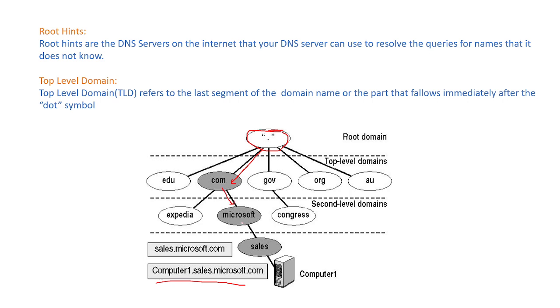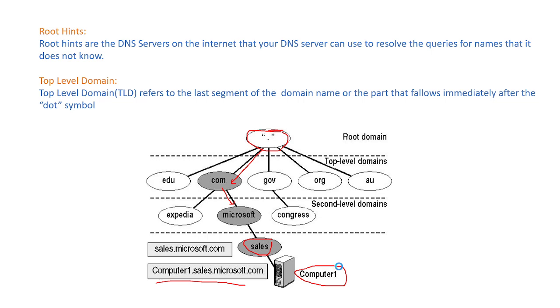Okay, and then now you have microsoft.com. Then Microsoft will tell, yes, I know a person called sales, you talk to him, maybe he may know the computer one. Then when you go to sales, it will redirect you to computer one. Now your DNS has got the complete name, and it will give the resolution. So this is how the DNS resolution happens.